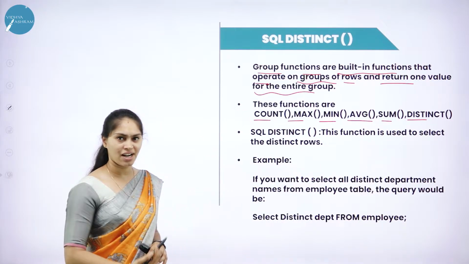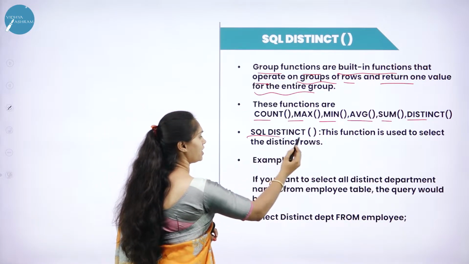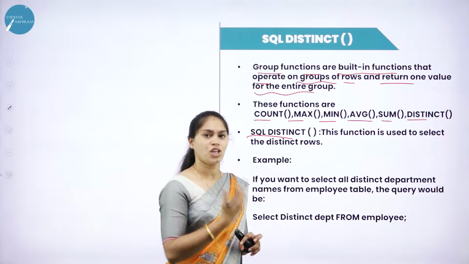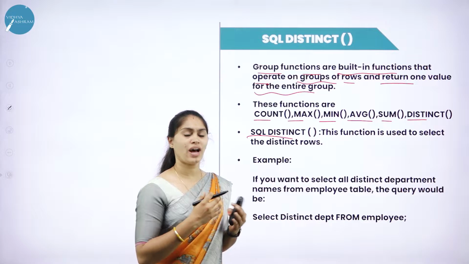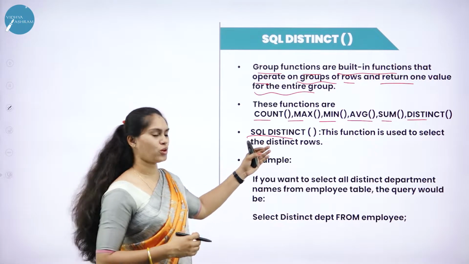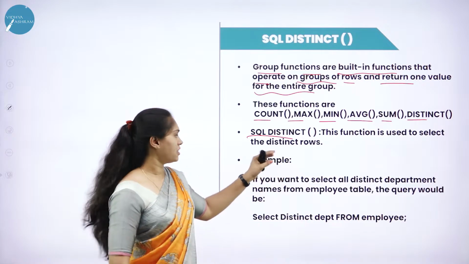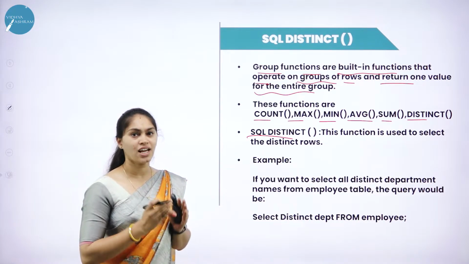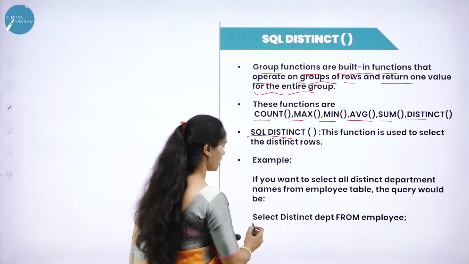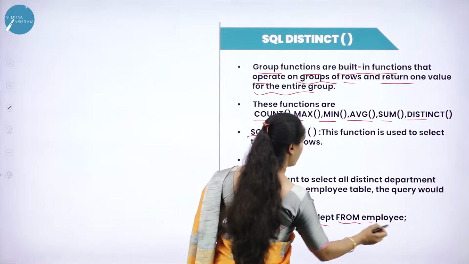Already we have learned about distinct, right? The distinct fetches distinct rows. That means each one is unique in nature, so it will not have duplicate data. If I want to get that kind of distinct rows, then we have to use this distinct function, which is a group function. You can see select distinct department from employee.